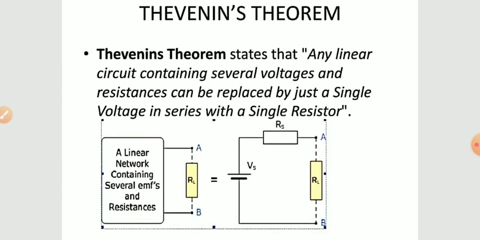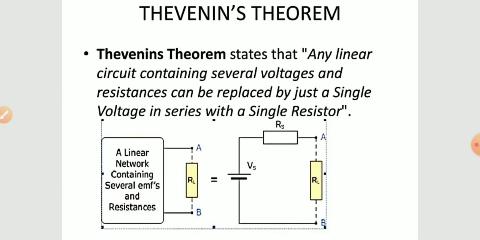And we are supposed to find out what the current and the voltage are across a particular branch given in the circuit.